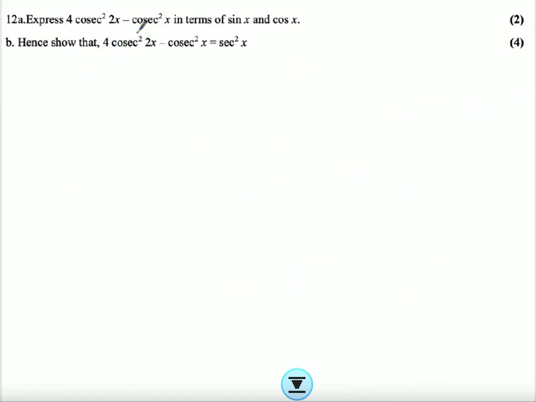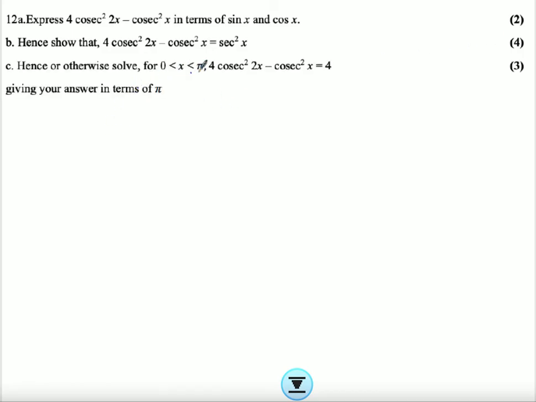Hence show that written like that. Oh, I think I've done part A and part B in the same question. I think I've just gained 6 marks, guys, because I got to 1 over cos squared x, and that's equal to sec squared x. Don't worry if you end up doing that in your exam. Your examiner will spot it. It's not a big deal.